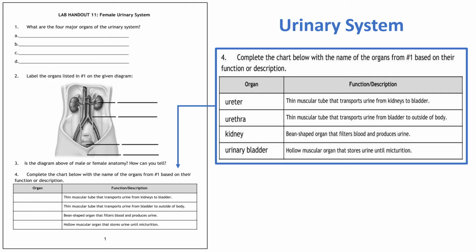Kidney, bean-shaped organ that filters blood and produces urine. Urinary bladder, hollow muscular organ, sac-like, that stores urine until micturition.